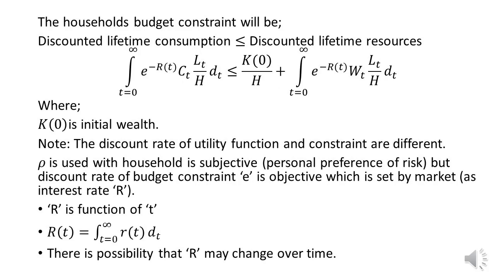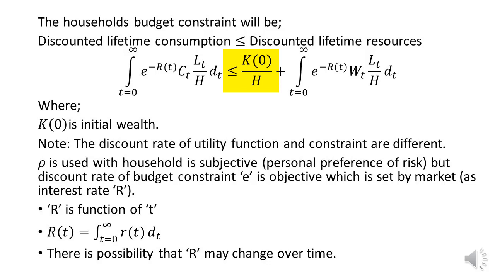The household budget constraint will finally look like this: the integration from time 0 to infinity of e raised to the power negative r, this is the discount rate that a household will face, into the consumption of a household, into L(t) by H, that is the average household individuals, is less than K at 0, that is the initial capital per household.